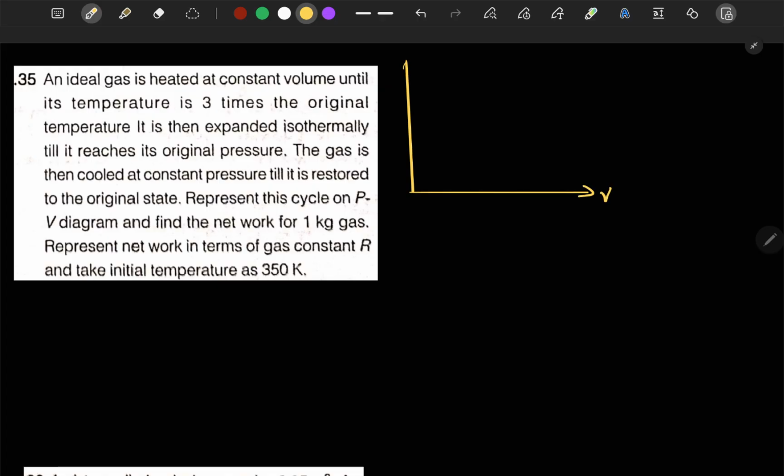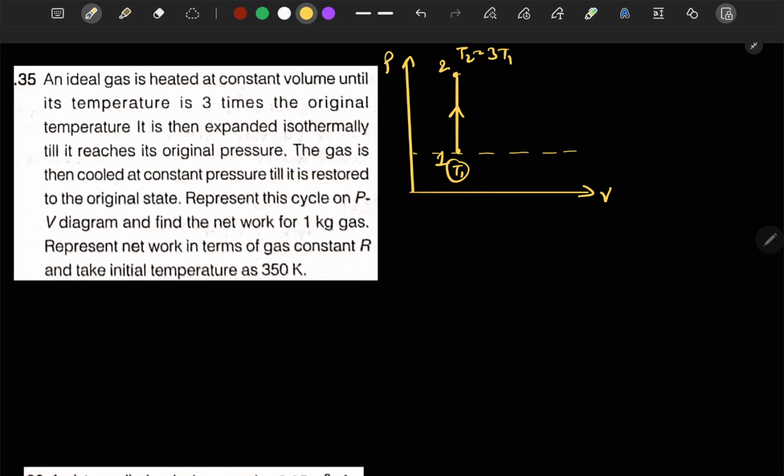So this is V, this is P. So we can see that first it is heated, it means that its pressure is increasing from 1 to 2. Okay, so here temperature was T1, here temperature T2 is equal to 3 times T1 as it is mentioned here, and then it expands isothermally until it reaches the original pressure.